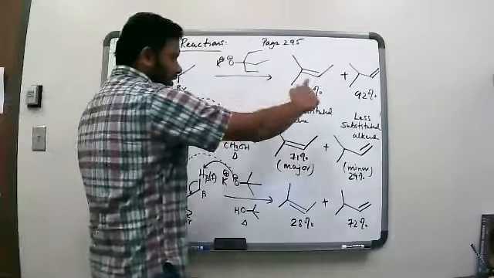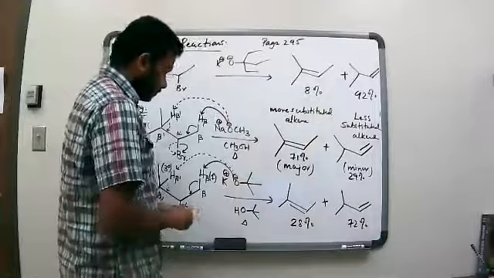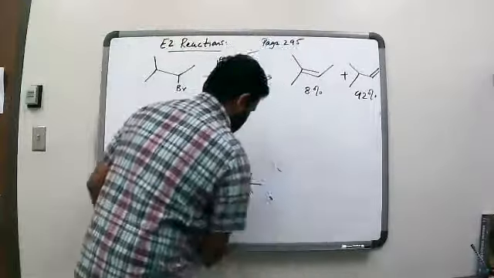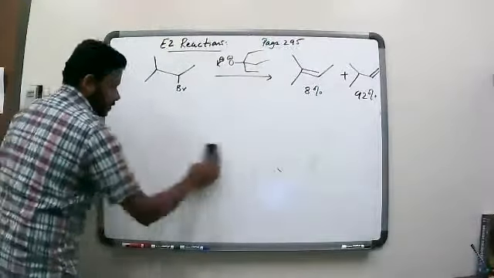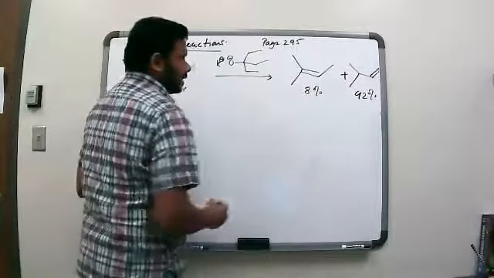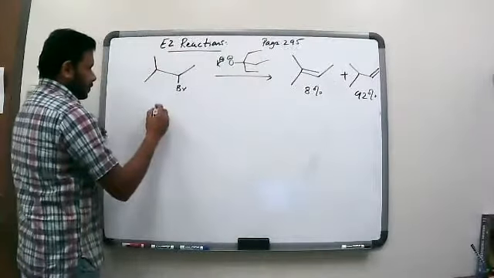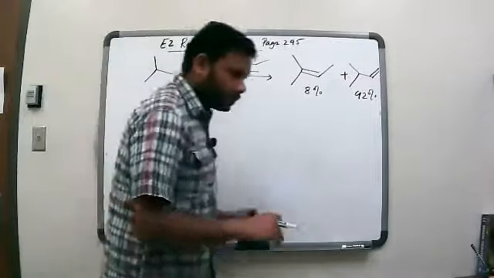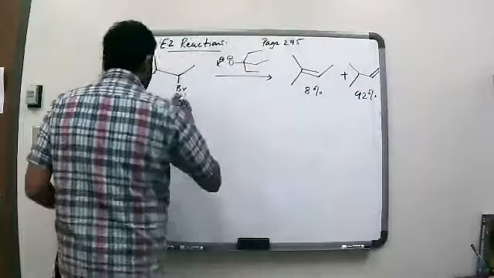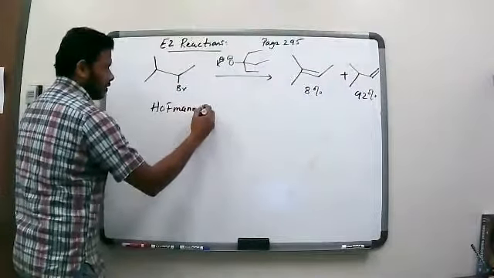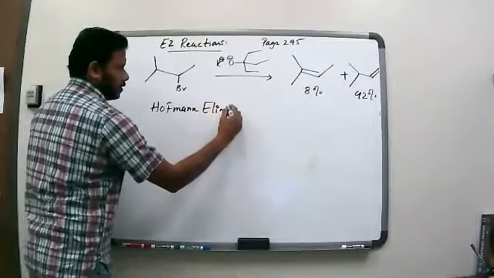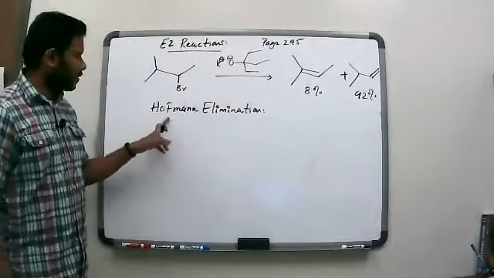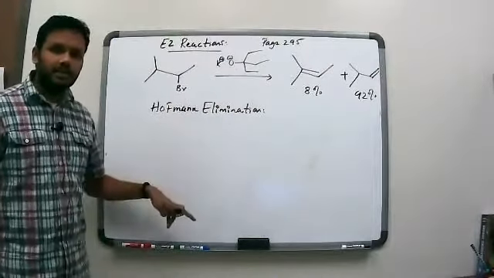And so this selectivity, where I'm going to erase all of this. Okay, this selectivity where the less substituted alkene, let me check, Hofmann elimination. So this kind of reactivity is called a Hofmann elimination compared to Zaytsev elimination.